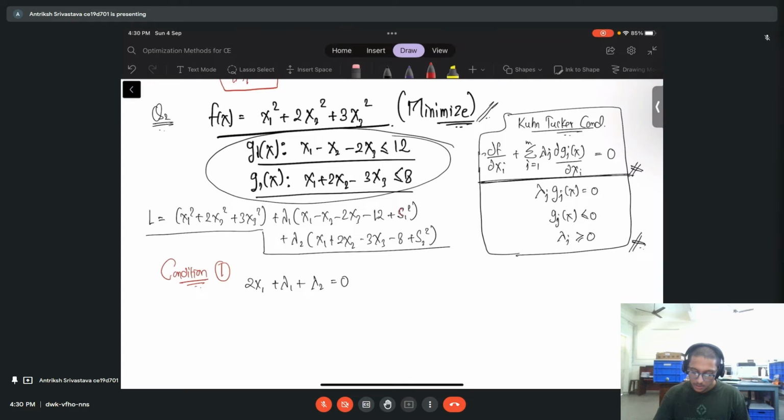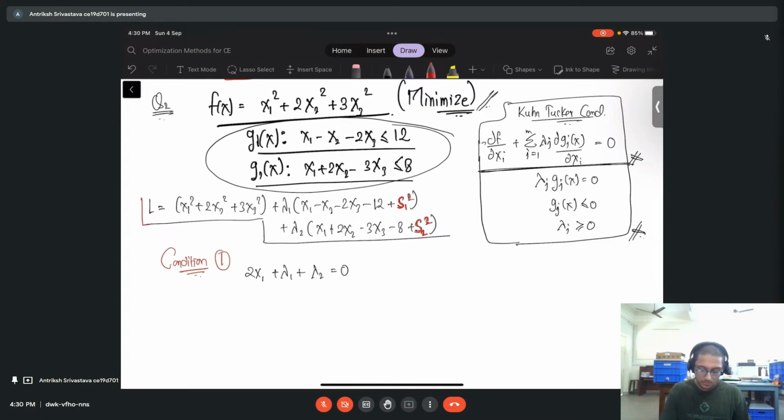Can you tell me what is this S1 square and S2 square? No idea, sir.